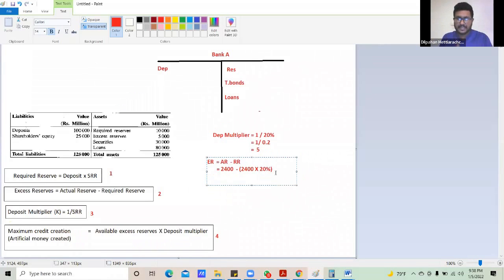So I put the actual reserve value as the deposited value, and I calculate the required reserve separately, and the difference between these two values will be the excess reserves that this banking system can use to grant loans.